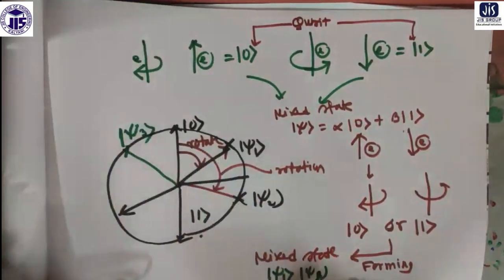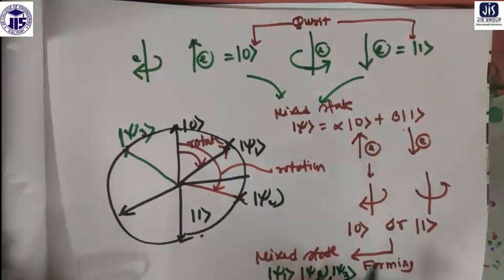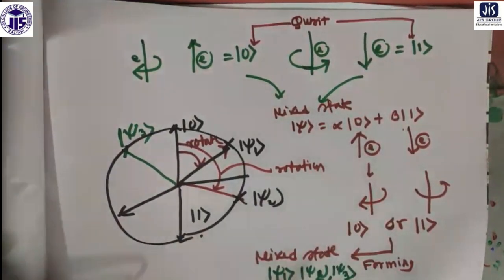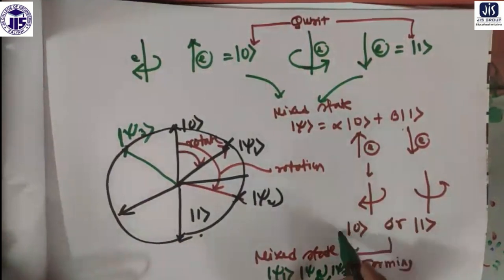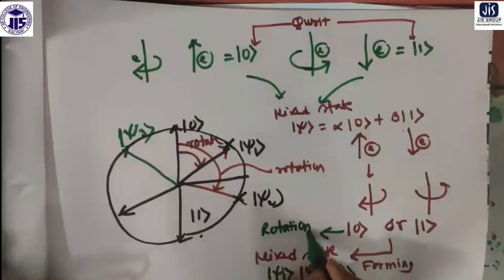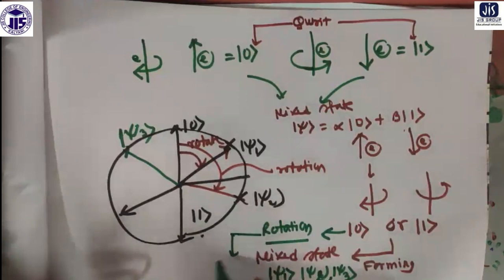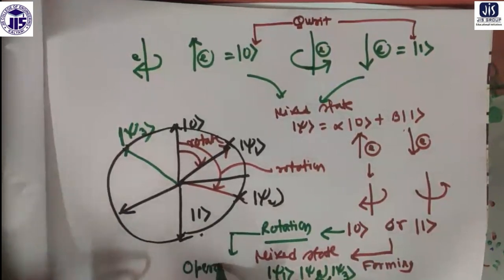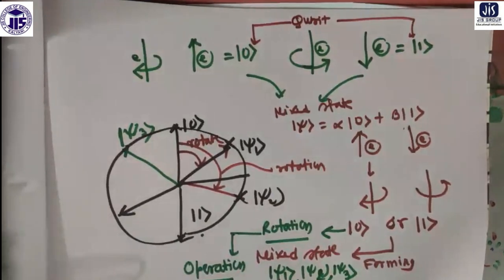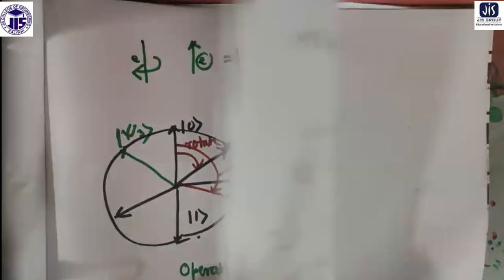How do you create it? How do you get it? That means you have to give a rotation to these zeros and ones. You know, rotation is an operation. You have to do an operation on the initial 0 vector and 1 vector to get the mixed state.